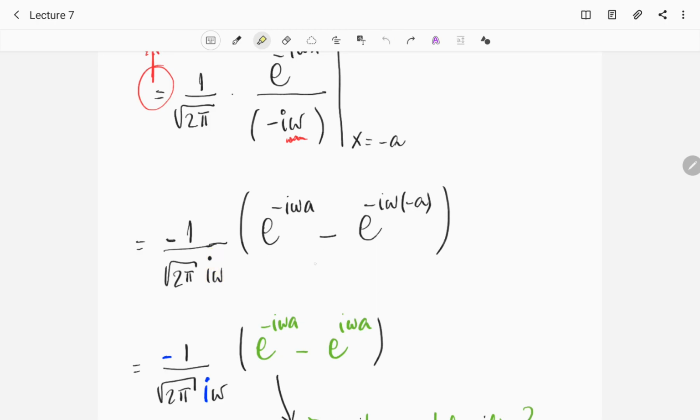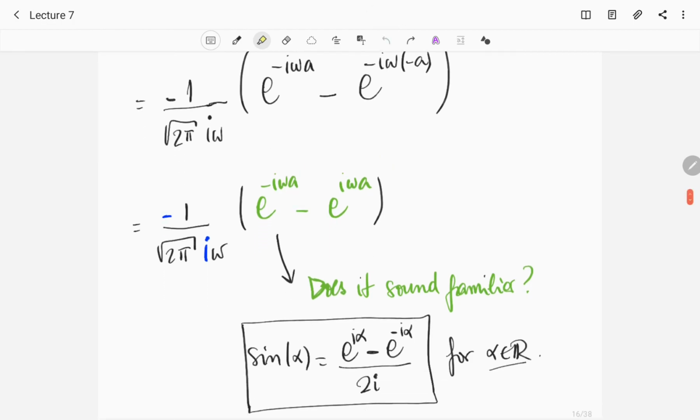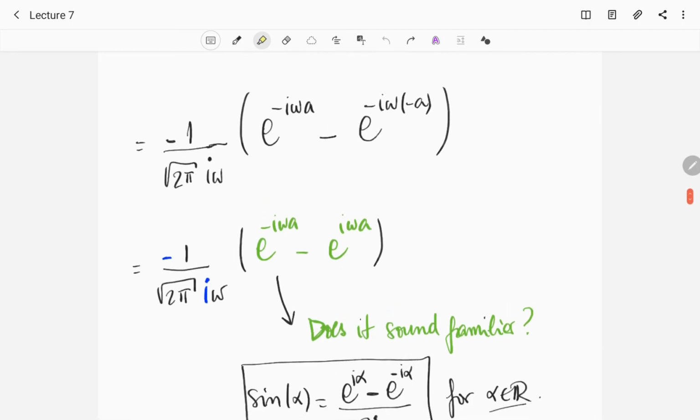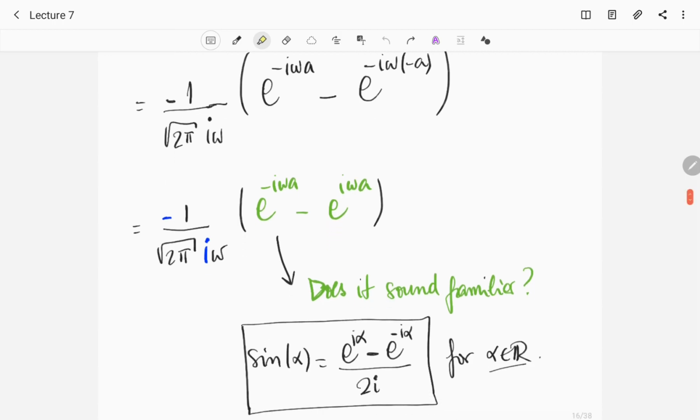Okay, so this can be rewritten in such a way. I don't know if you remember that these exponentials with 2 or 2 times i are related, give us the cosine or the sine.